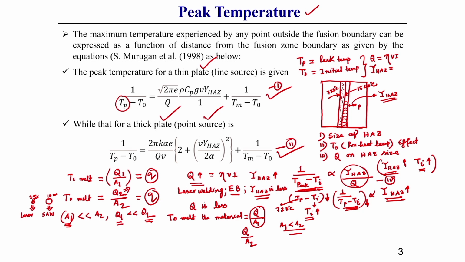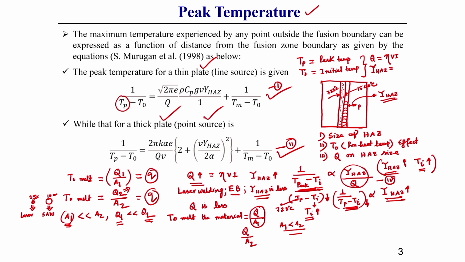That is why I have already told you that Q1 and Q2 are the net heat input. Generally the net heat input required in laser welding is comparatively lesser, because its intensity is higher compared to the arc welding process, where the intensity is lower. Always keep this in mind.